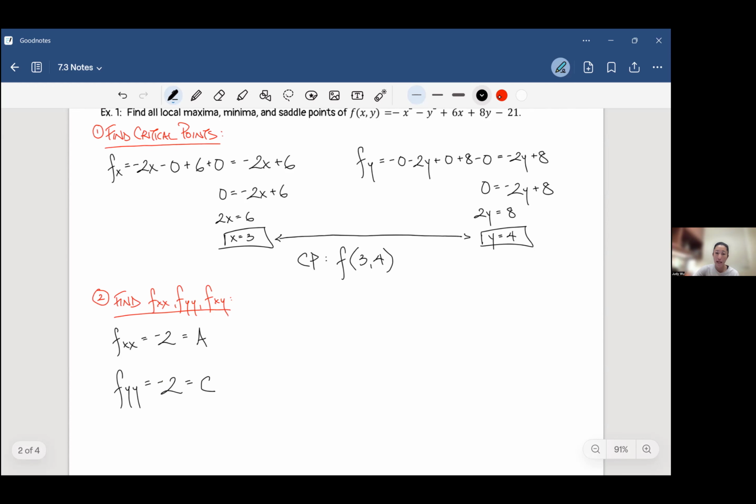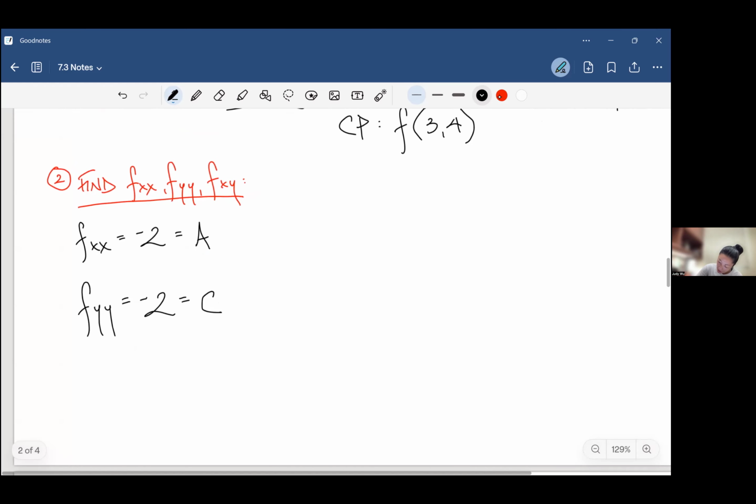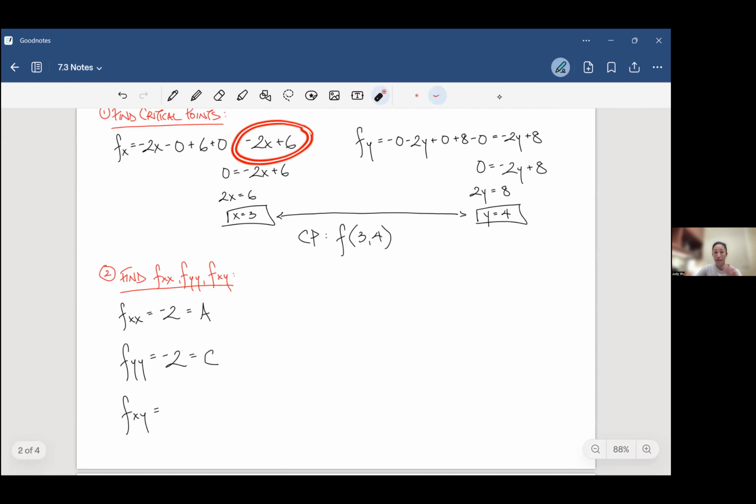Okay, so I've got my a value and my c value. Now I have to find my b value. So fxy equals, okay, let's go back to our fx, -2x plus 6. I'm going to take my derivative now with respect to y. There's no y, so that fxy is actually just 0.